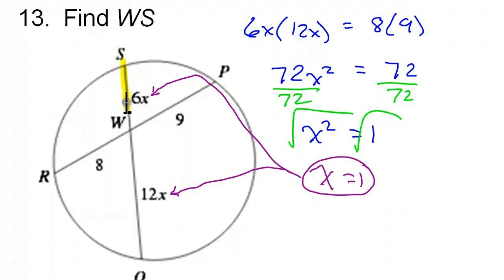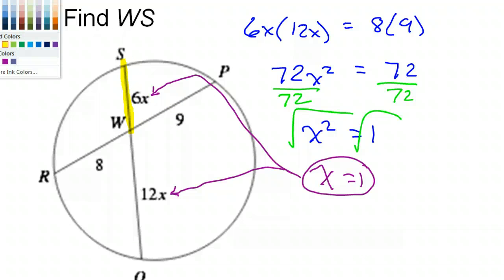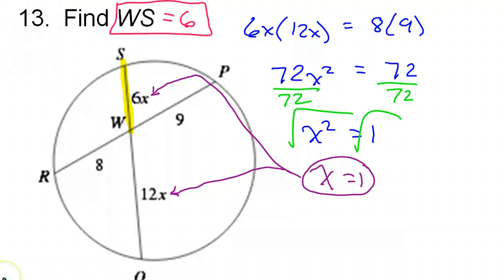We're supposed to find WS, which is this part right here. Well, WS is just the 6x part. 6 times 1 is just 6. So that is the answer to number 13.